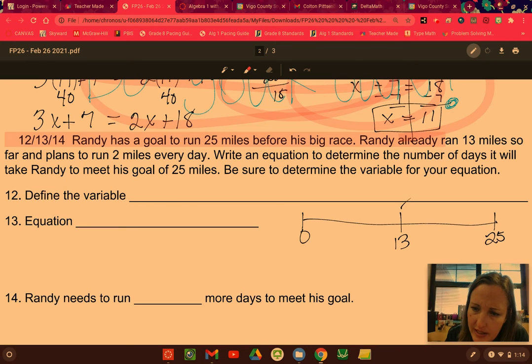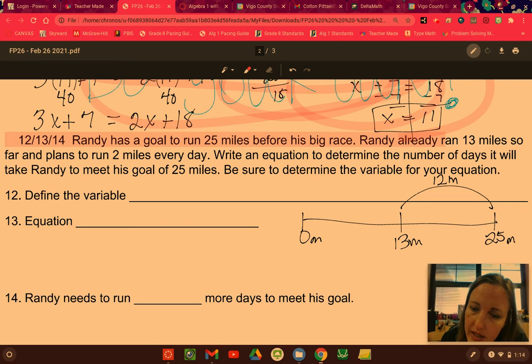And then he has to run this far, and he wants to run 2 miles each day. So how far is that? 13 to 25. What's 25 minus 13? 5 minus 3 is 2. 12, right? So he has to go a total of 12 miles. These are all miles. Okay.